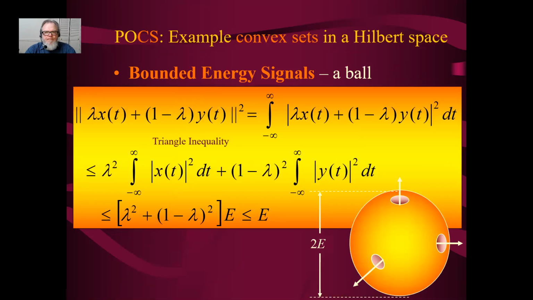And the triangle inequality can be used to show that this is indeed a convex set if we follow the definition of convexity that we originally gave. And clearly, geometrically, if we have a ball and we choose any 2 points on or in the ball and we connect a line segment, that's going to be totally subsumed or included in the ball.